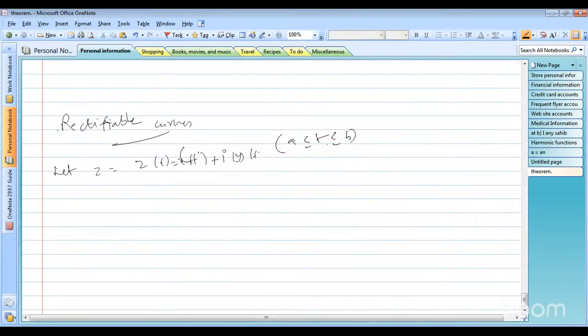Suppose that the interval a, b is divided into subintervals t(k-1), t(k), where k is equal to 1, 2, 3, 4 and so on, up to n.